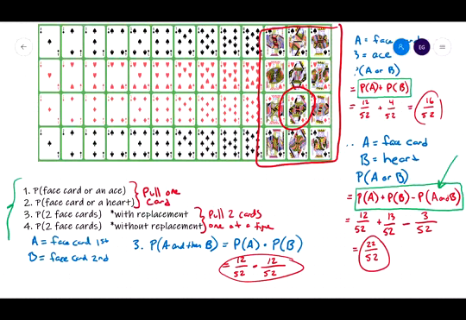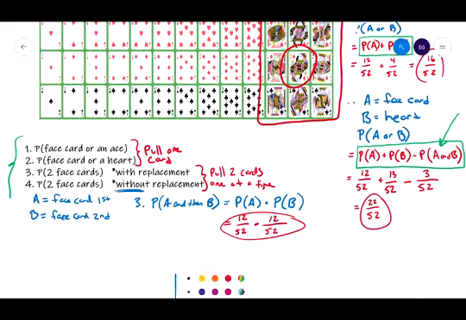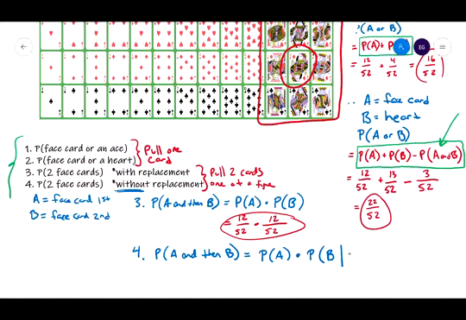But if we now look at without replacement, so A is the first card is a face card. We pull a card. Again, for number 4, the probability of A and then B. Well, in this case, it's the probability of A times the probability of B given A. That's what this vertical bar means.